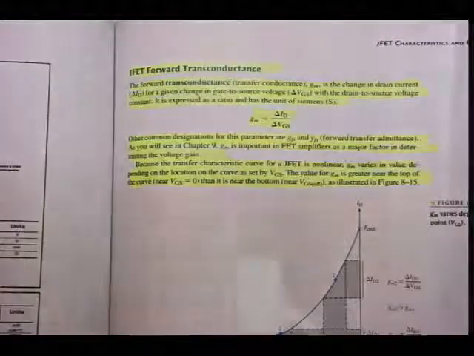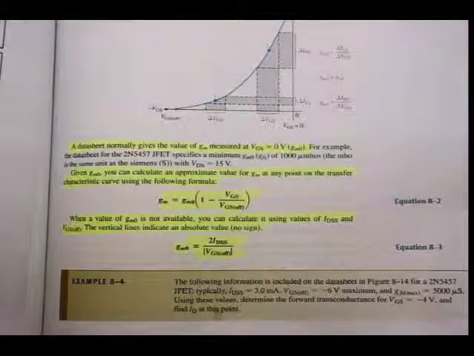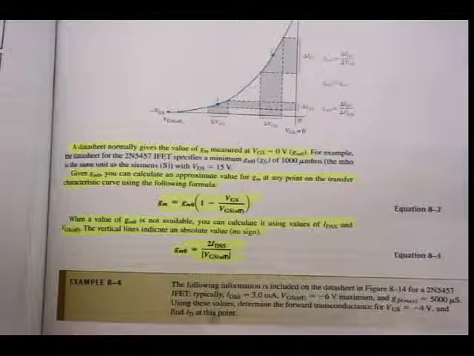Let's have a look at the examples at the bottom of the page. The following information is included on the datasheet in figure 8.14 for a 2N5457 JFET. Please go and check that you can find these values on the datasheet just to get some exercise in how to use the datasheet.